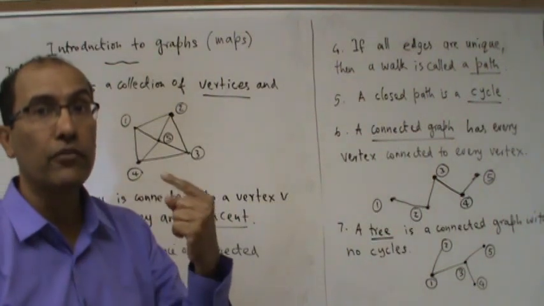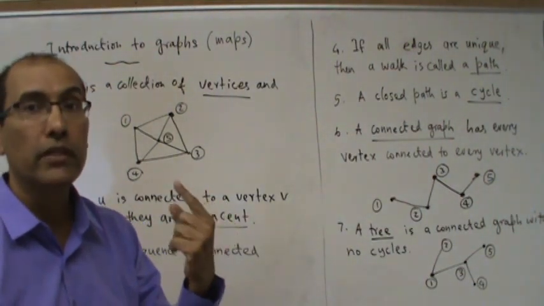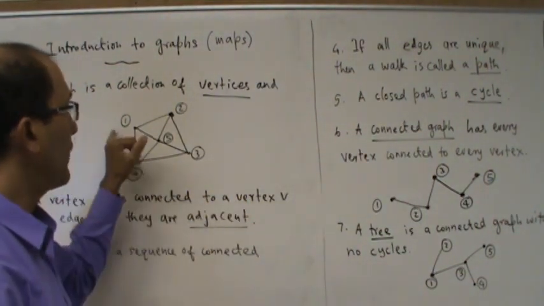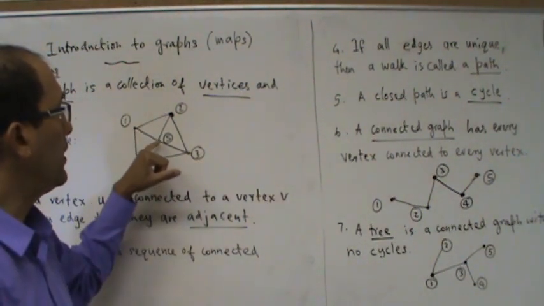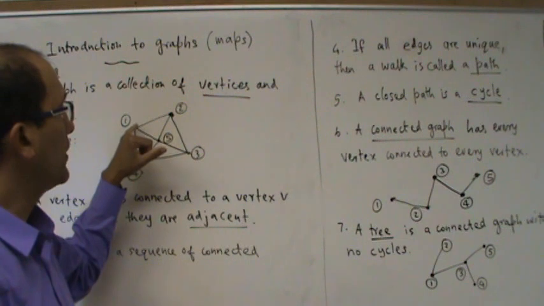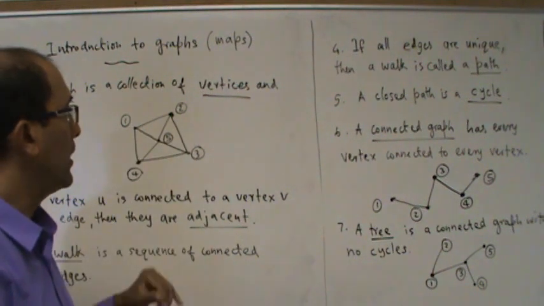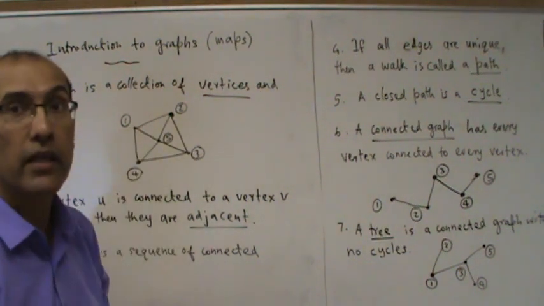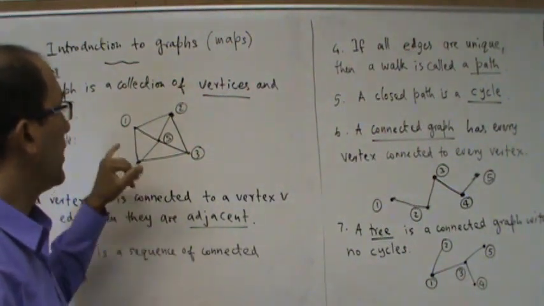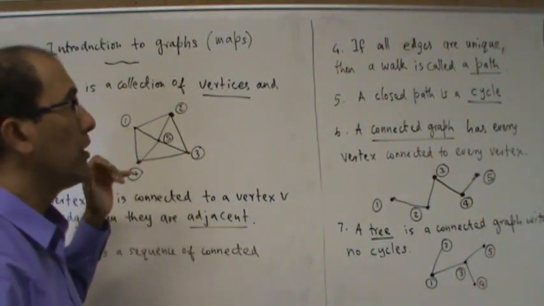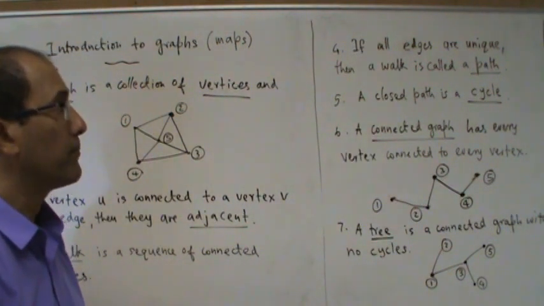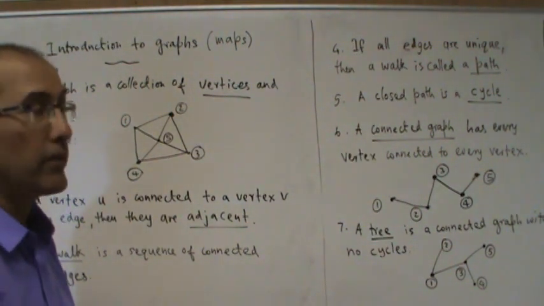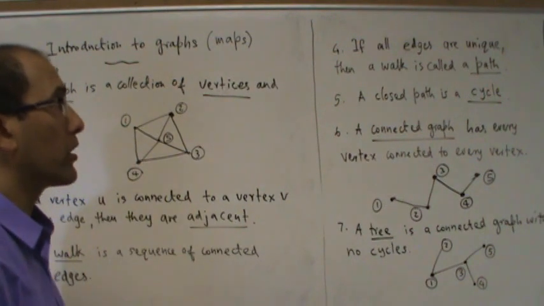That means you can't revisit an edge that you used already. So if I want to go from 1 to 3, I can go 1, 4, 5, back to 1, 2, 3. That would still not walk on one of the edges I have walked on. But I can't revisit an edge if I'm wanting a path. So a path is a special walk.